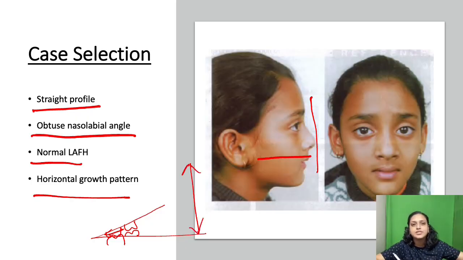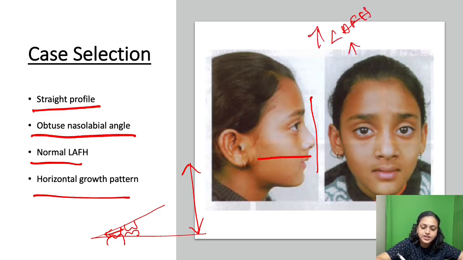So whenever you distalize a molar, you are going to increase the lower anterior facial height as well as the growth pattern, that is FMA, the mandibular plane angle. Both are going to increase. The patient is going to have a long face. So generally distalization is contraindicated in long face patterns and also in open bites. It's going to worsen their condition, so we are not going to do that.